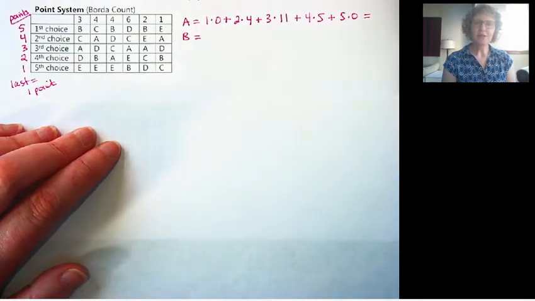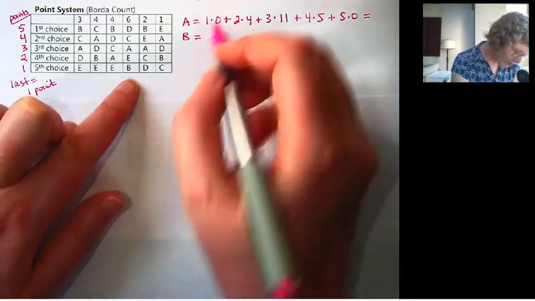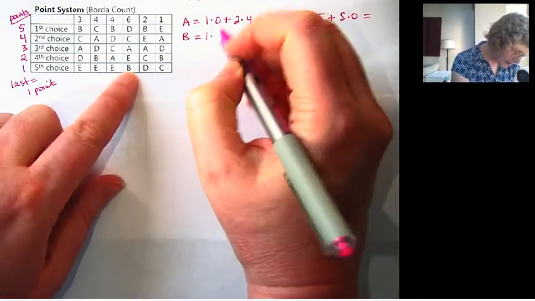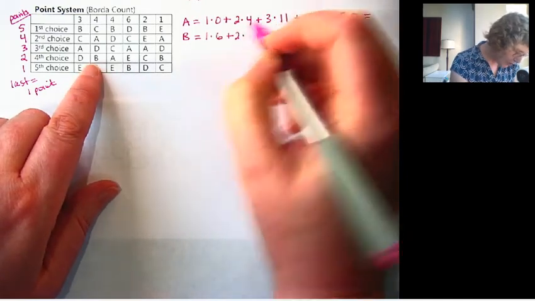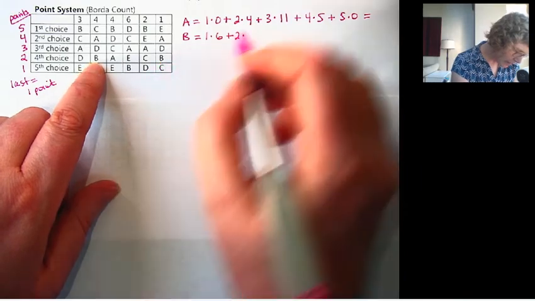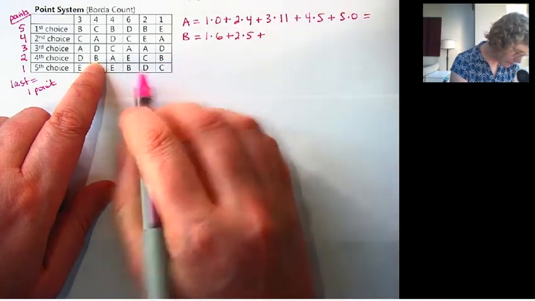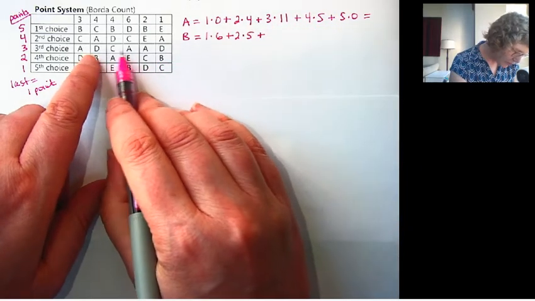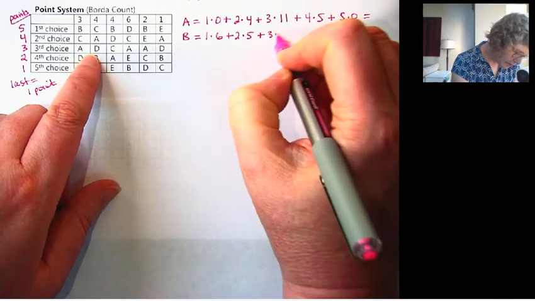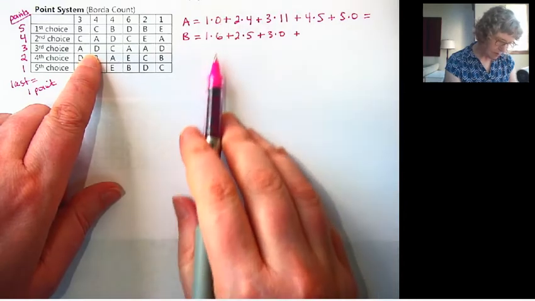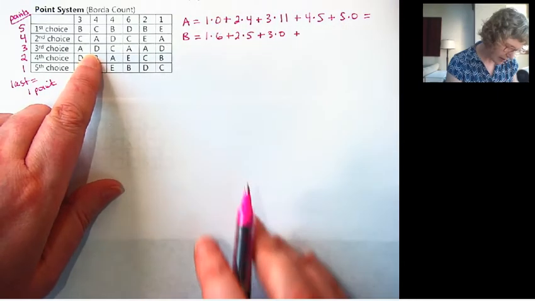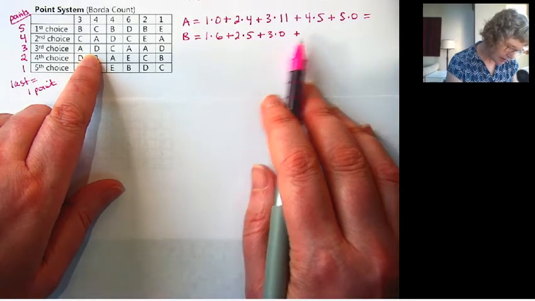Now let's do the same thing with B. So 1 point times 6 people plus 2 points times 4, 5. There are no B's in 3rd. You don't have to write the 3 times 0, but I'm just making my little matrix here so every space is filled in.